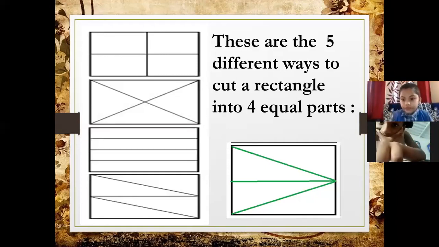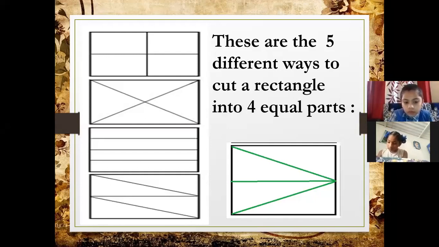So one whole divided into 4 equal parts is 1 by 4. 1 by 4 is called quarter. 1 by 2 is called half. 1 by 4 is called quarter. Okay.